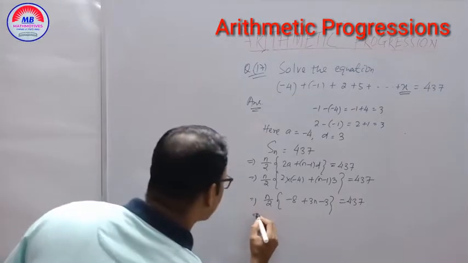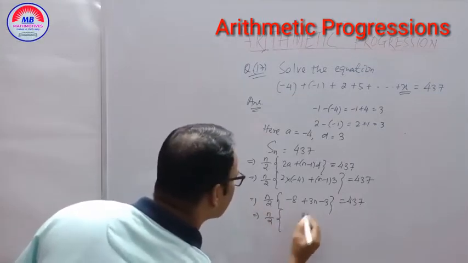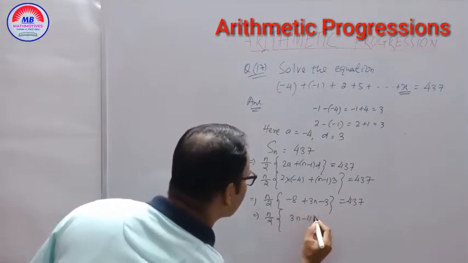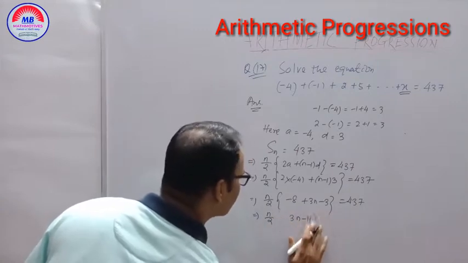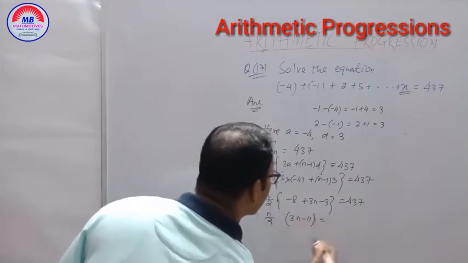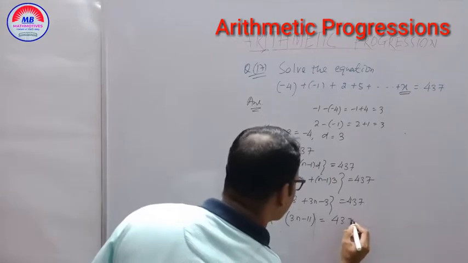Then n by 2 into 3n minus 11, you can put this in a bracket, equal to 437.